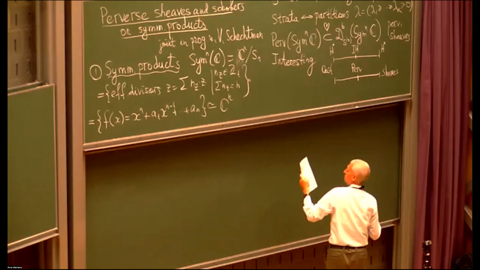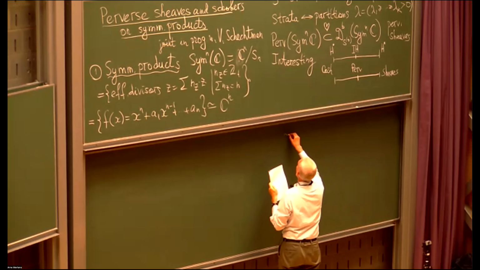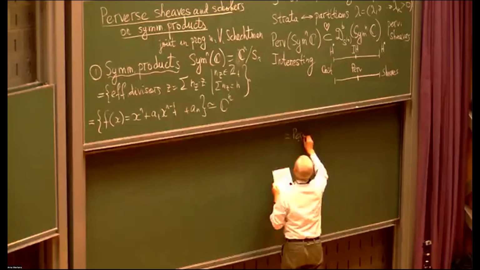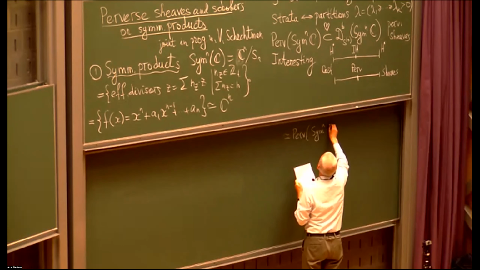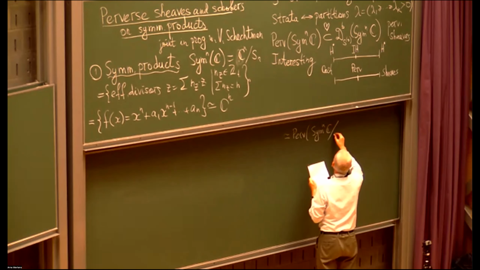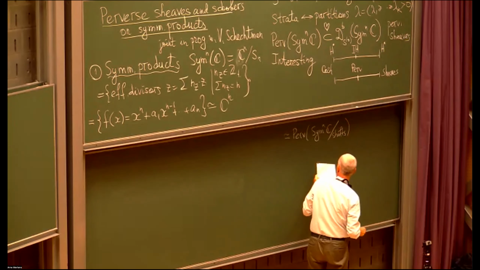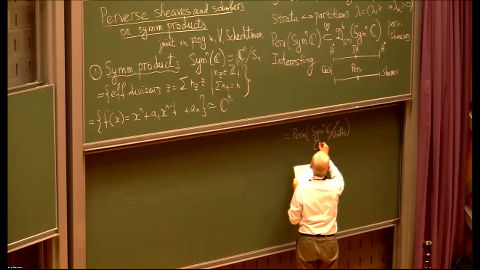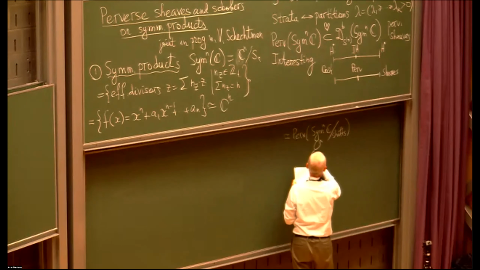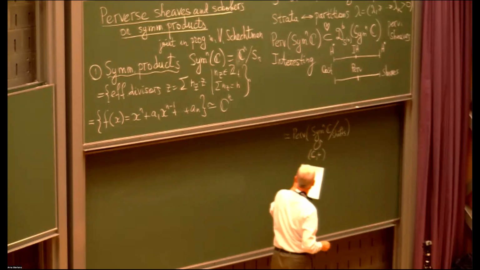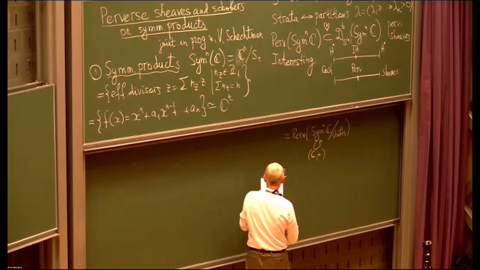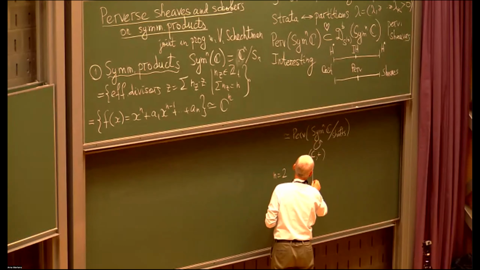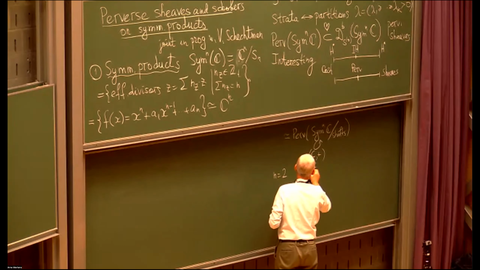To simplify, this category is identified with perverse sheaves on the quotient by shifts, by translations. There is an action of the additive group here, simultaneous translation. For n equals 2, after the quotient we get just the complex line with one point.